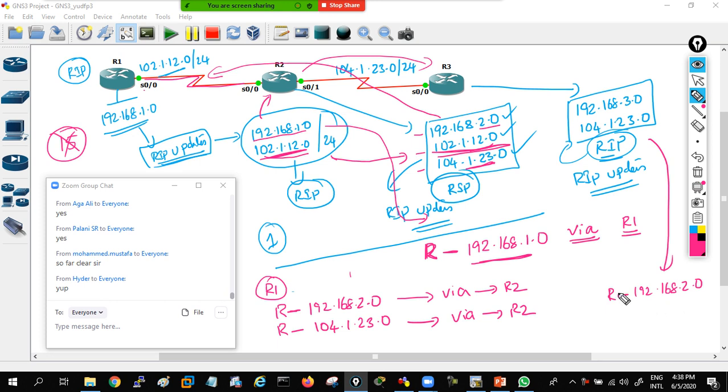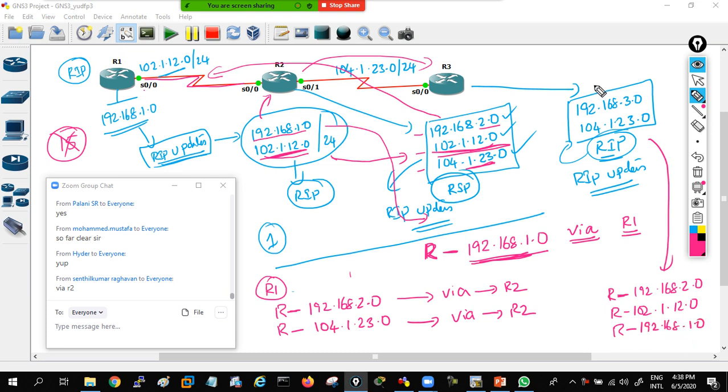Then do I know about 102.1.12? No, let's keep it in my routing table because I don't know about this. Then do I know about 104.1.23? Yes, via R2, that's correct. Then 192.168.1? No, I don't know it, let's keep it.